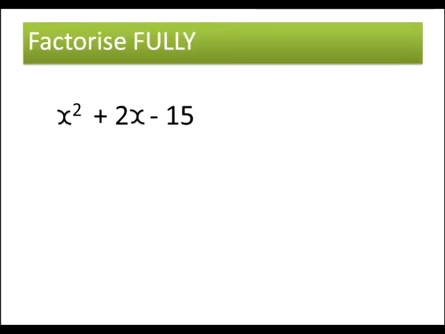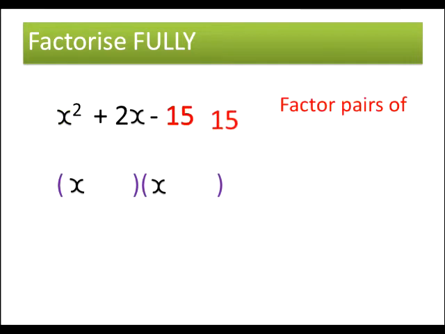I'll show you one more. So x in the front, factors of 15. This isn't prime, so we've got a few more options. So we've got 1 and 15 and 3 and 5. Which of these pairs can I make a positive 2 from? Can I make a 2 out of here? No, but you should be able to see you can make a 2 using these two numbers.